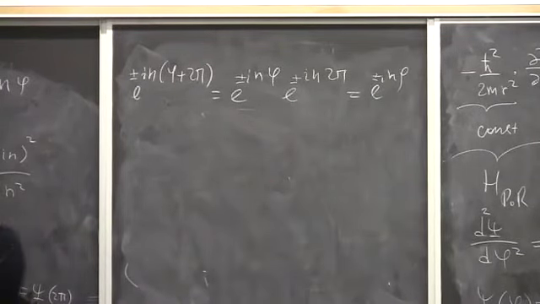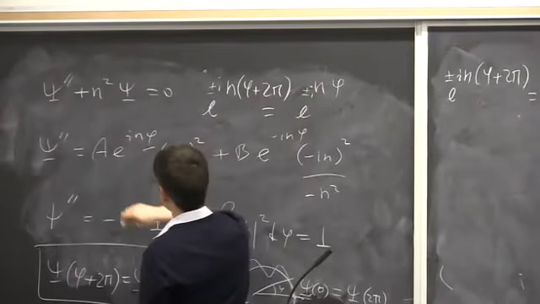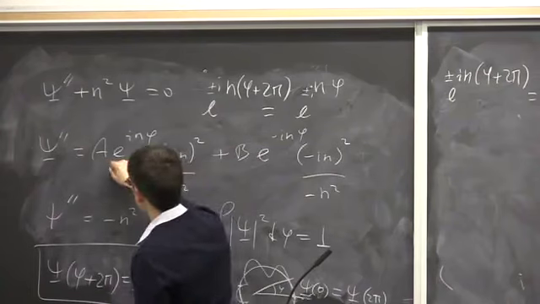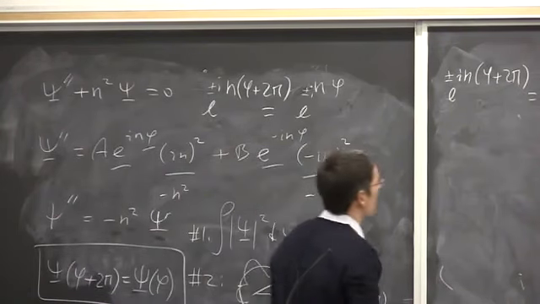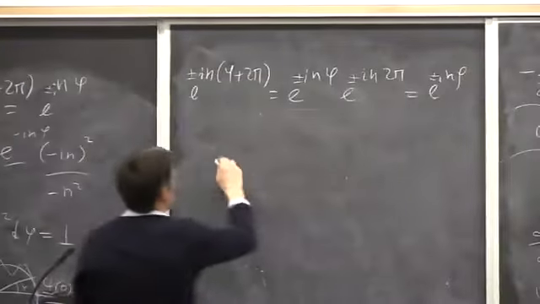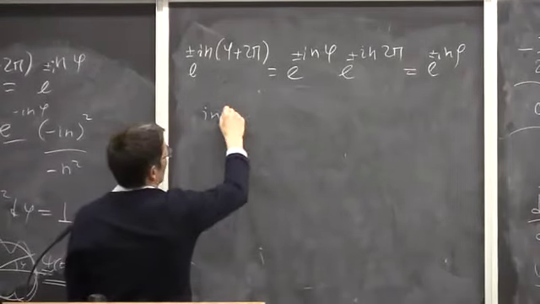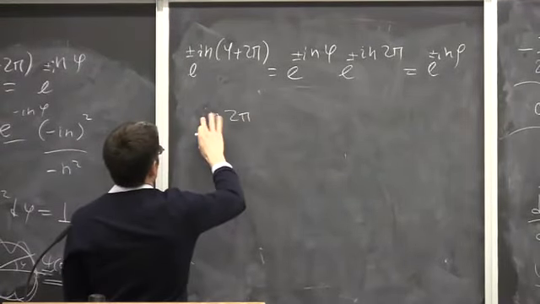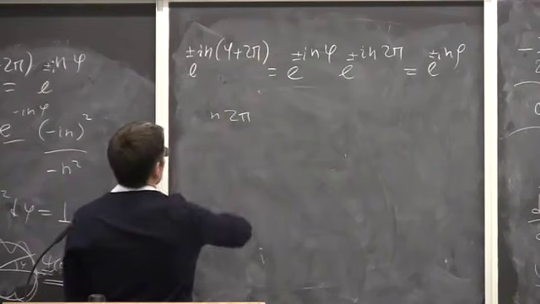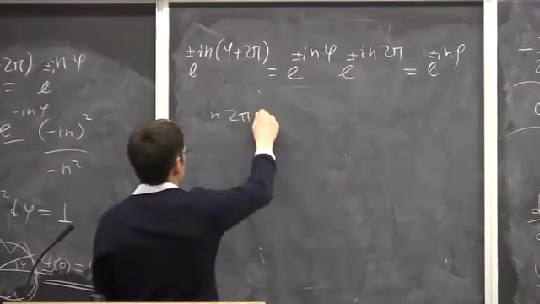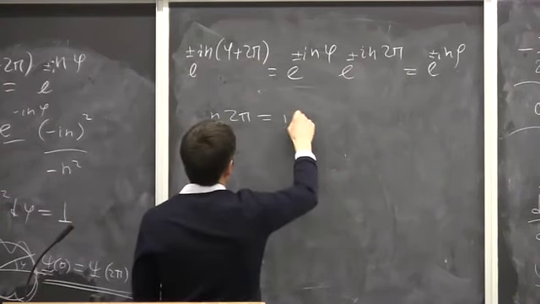This should be true for both components of psi. So what does this mean? It means that n 2 pi should be integer, right?